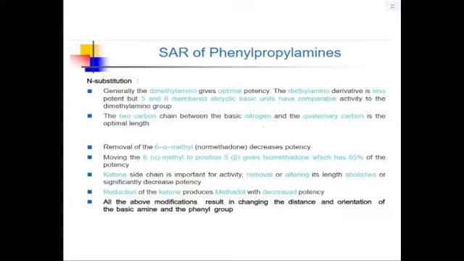So if you put any groups that will change the size of the molecule, change the shape of the molecule, you will interfere with the binding. All the above modifications result in changing the distance and orientation of the basic amine and the phenyl group.